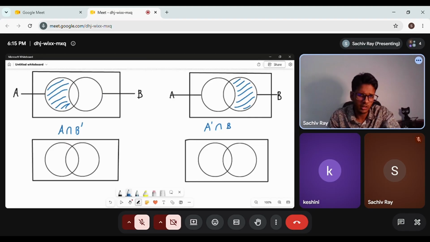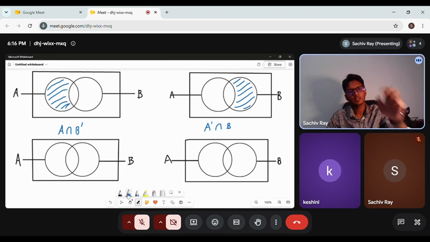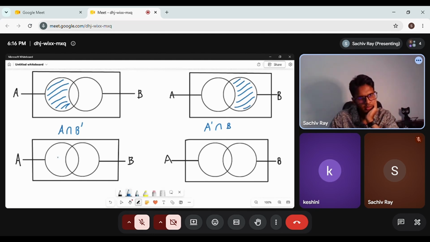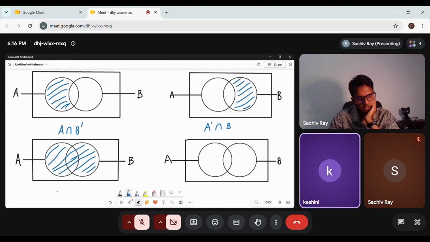Right. Now again, okay, B. Right. So what if I colored this part? A union B. A union B. That means A and B both.